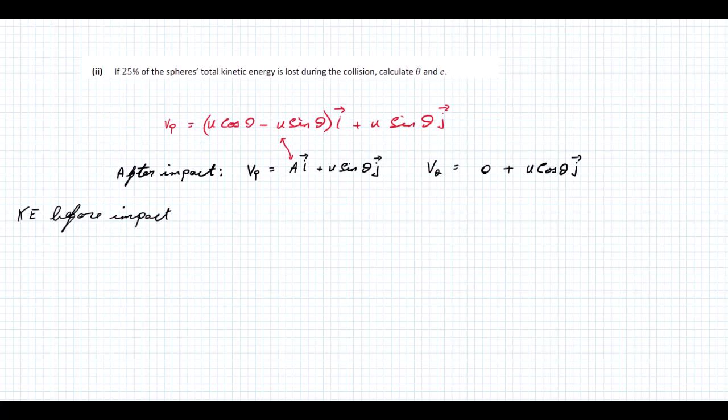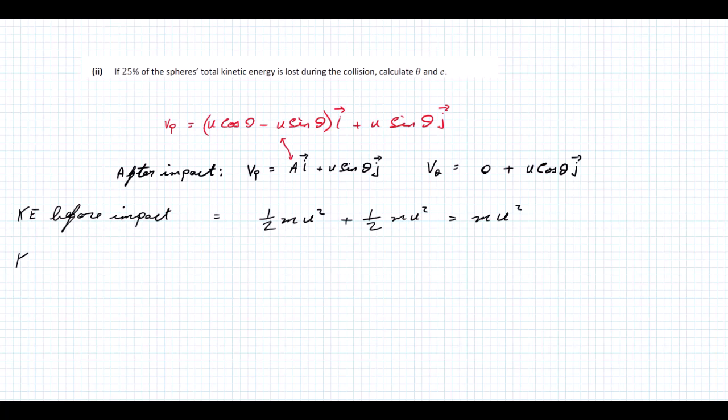The kinetic energy before impact is just going to be half mu squared plus half mu squared, which is mu squared. This is because both spheres have mass m and they were both traveling with speed u before impact. So this is our total kinetic energy before impact.